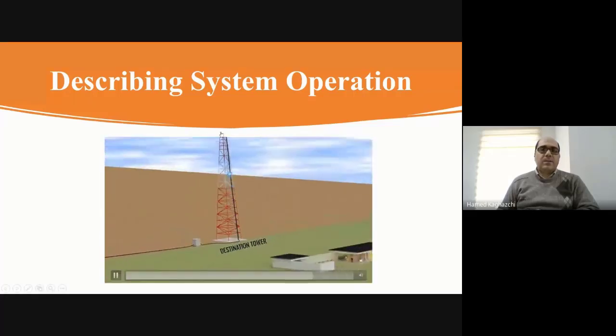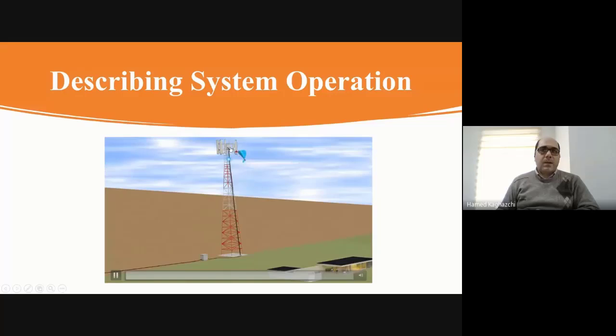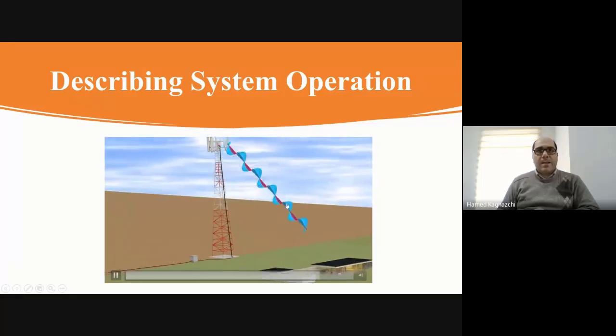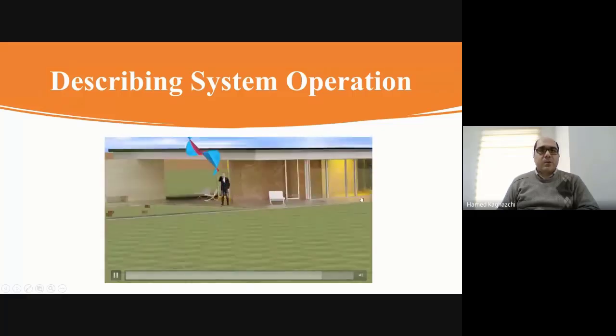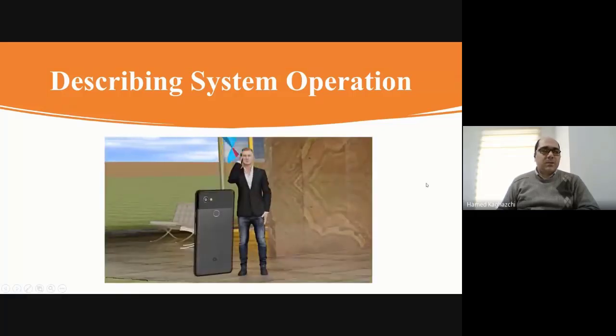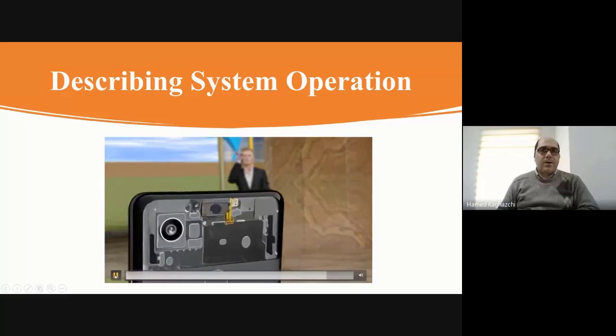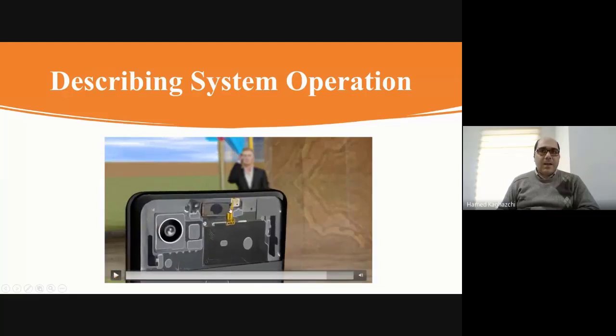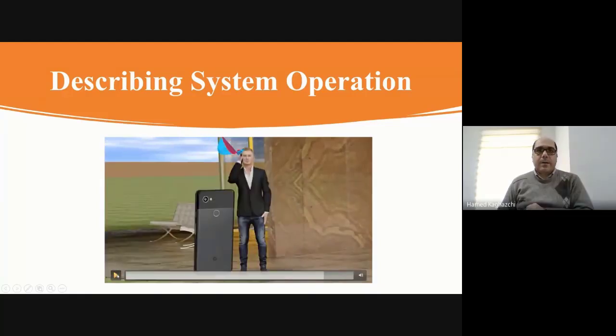This is the destination tower or destination point. Now, this destination tower radiates this wave to the destination smartphone. Now our smartphone has received the signal, and again here, we need to convert this digital signal.